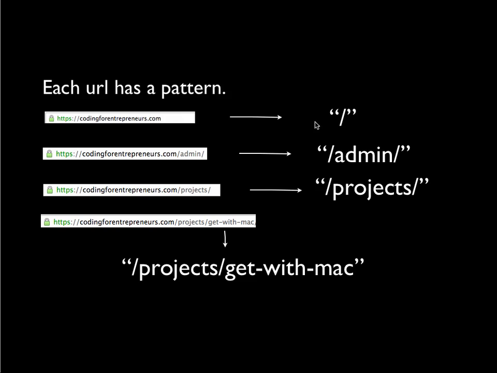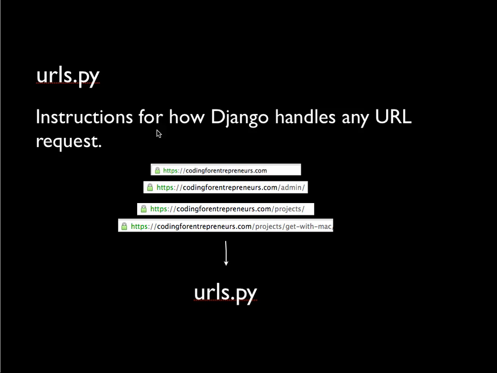These are the patterns associated with what we see here. Projects goes to that, projects/get with Mac goes with that. That's how those patterns work. Django understands that this URL and its associated pattern probably means something. So those things go to a file called urls.py.